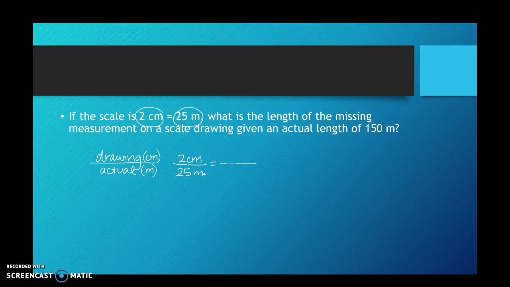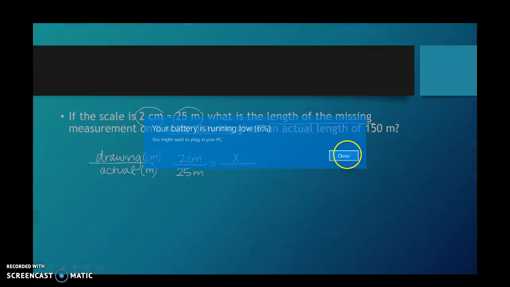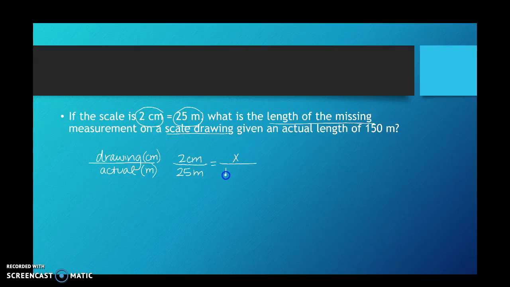Then it says, what is the length of the missing measurement on the scale drawing? The drawing is on top, right? So that's x, given an actual length, oops, my battery is running low, of 150 meters.